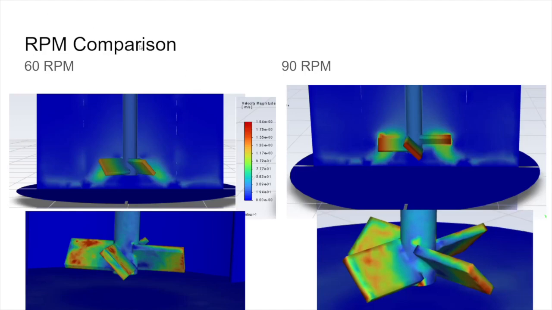Here we show a 4-inch width blade between two different RPMs, so that's that 60 RPM and that 90 RPM that you may be running it at. We see very similar trends here. Of course, in the 90 RPM, you see higher velocities as it's spinning faster, and you're seeing greater vortices. So in the vorticity plot on the bottom, you're seeing very similar trends, but amplified as it's spinning much faster.